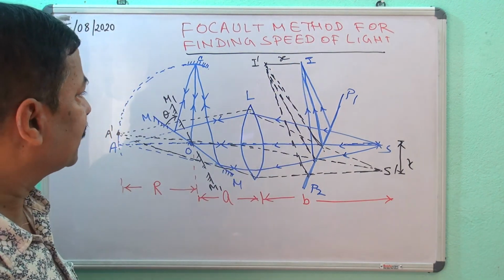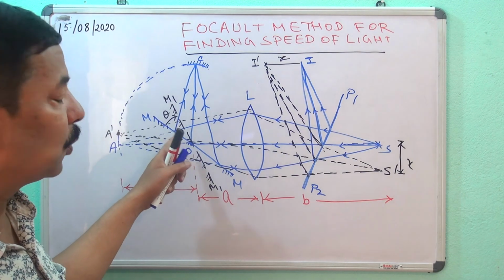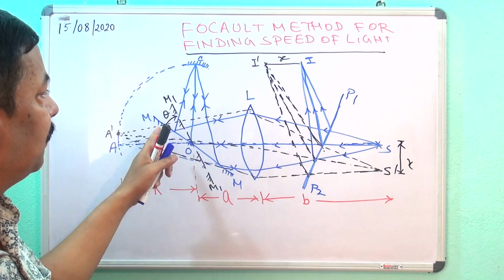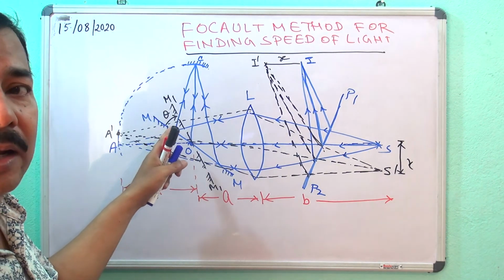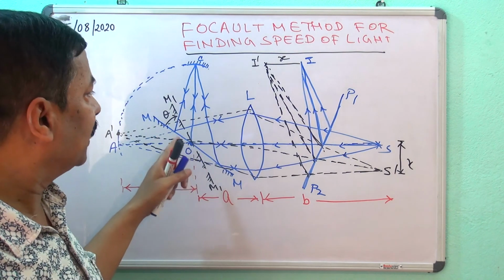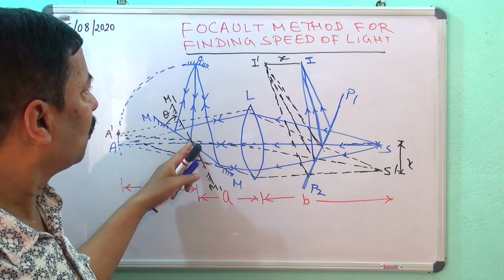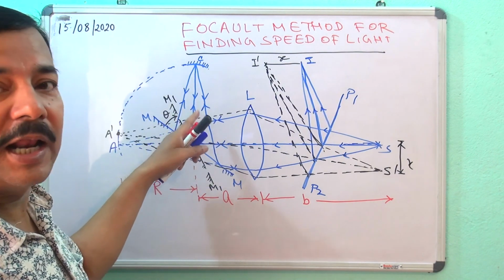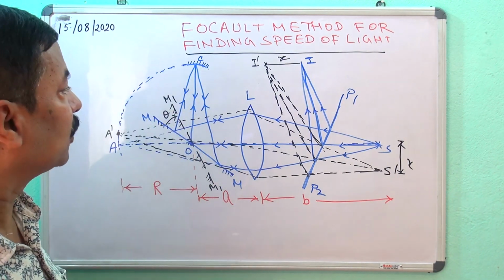Now in the second step, we have given rotation to the plane mirror, and we suppose that the plane mirror's rotation about the vertical axis O is so adjusted that in the time light goes from O to C and back to O, the plane mirror rotates by an angle theta with the angular velocity.